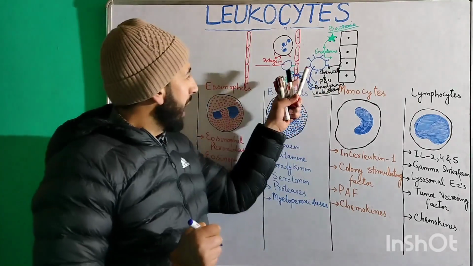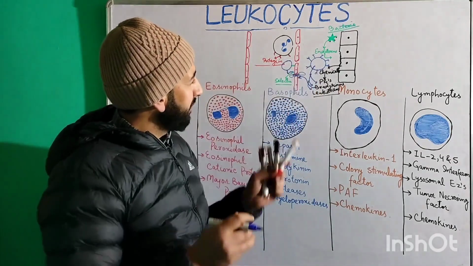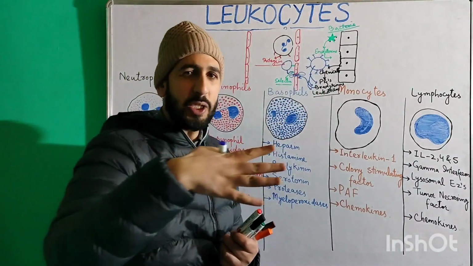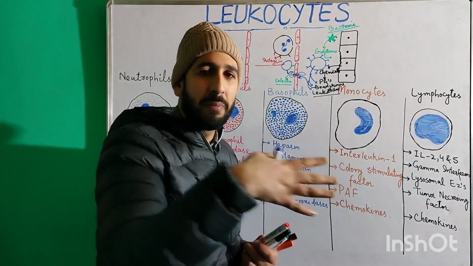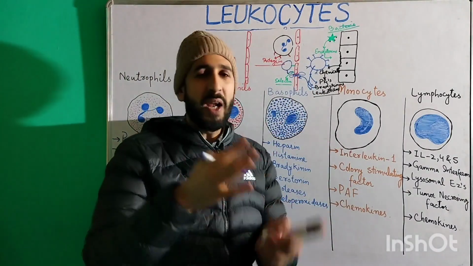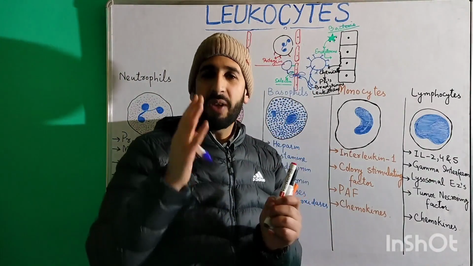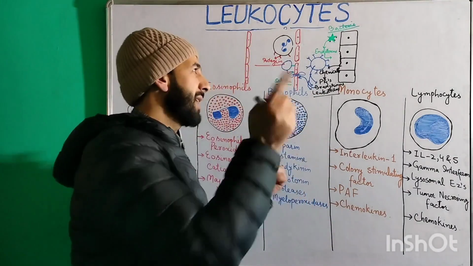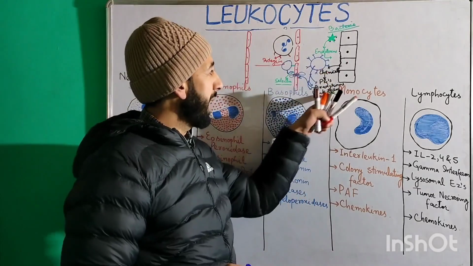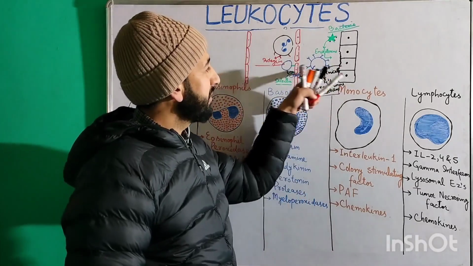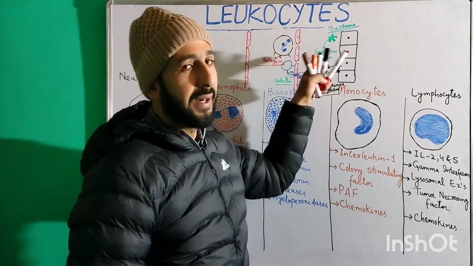Right, now neutrophils will come out. They will actually squeeze through these smaller gaps which are present in between these endothelial cells. And how have we created those gaps? We have created those gaps because these endothelial cells were stimulated by the chemicals which were released from that infected tissue.